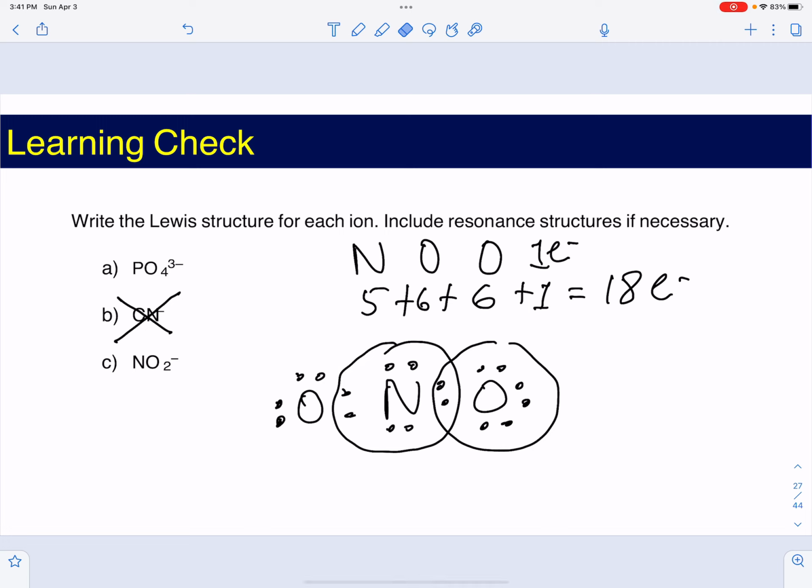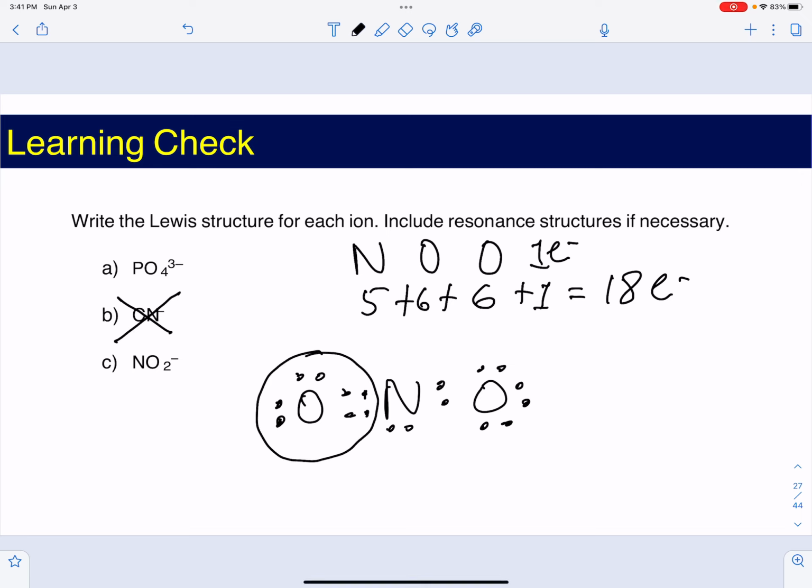So I'm going to have to do multiple bonds. Every time I come out short, I'm going to have multiple bonds. So I'm going to take these 2 electrons, and I'm going to move them in between the nitrogen and the oxygen. So this way, the oxygen has 8 electrons, the nitrogen has 8 electrons, and the oxygen has 8 electrons.